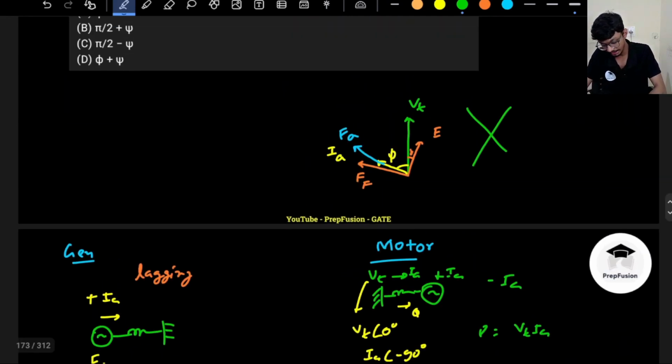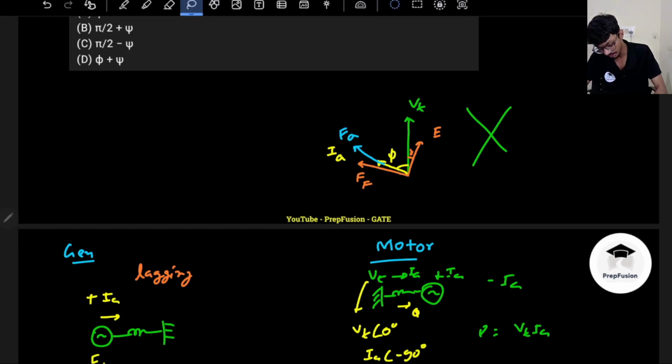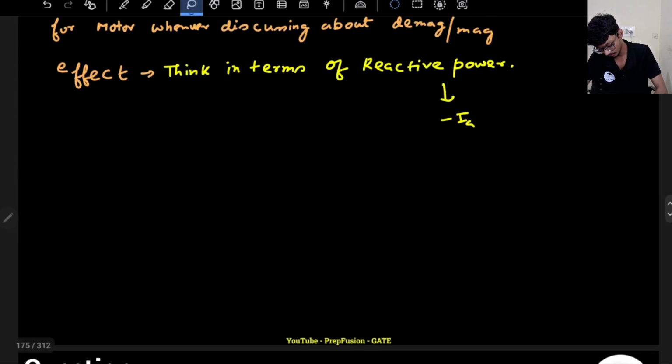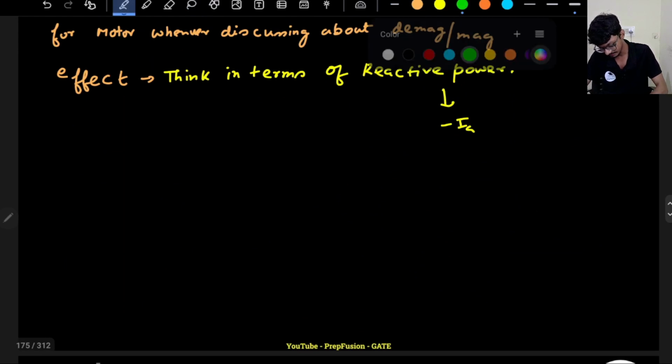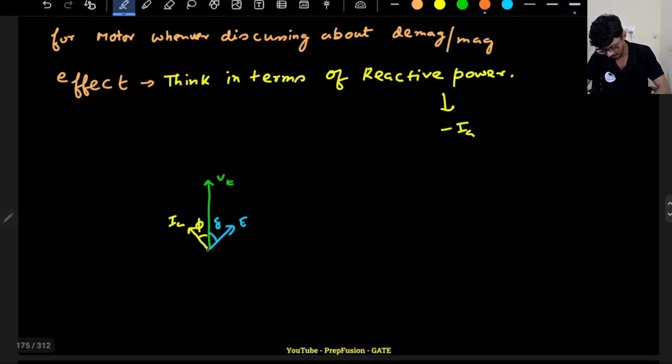So here the direction of the MMF will be totally 180 degrees apart. So I will now draw. If my Vt is here, and my E will always be lagging, this is my delta. I is here, it is a leading current, so this is my phi. So my FA will be in the opposite direction, this will be FA.